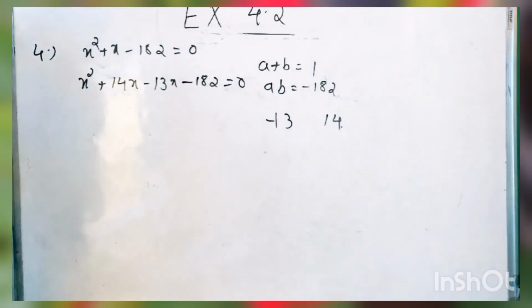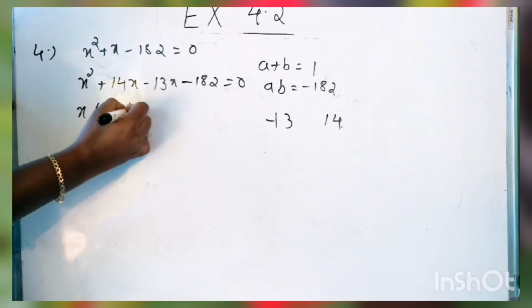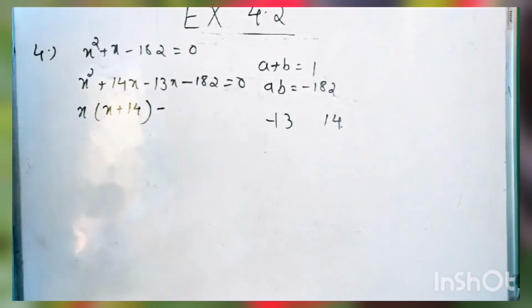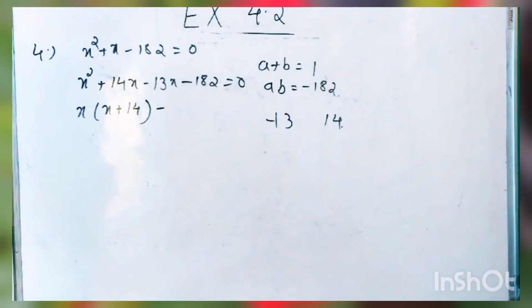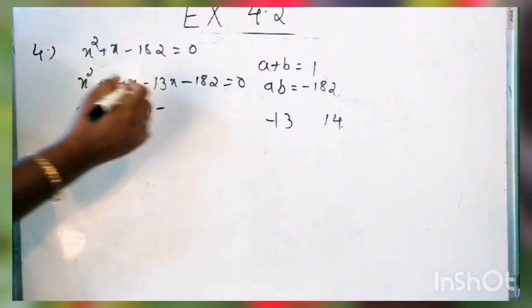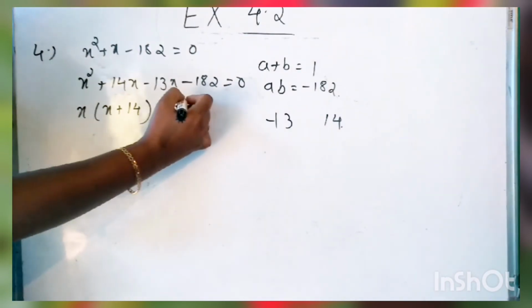Now from the first two terms, x outside, then x plus 14, and from minus 13x and minus 182, take minus 13 outside.